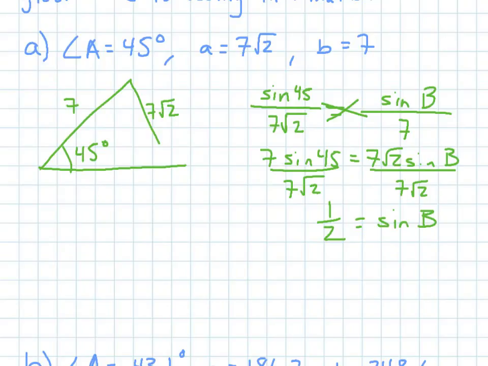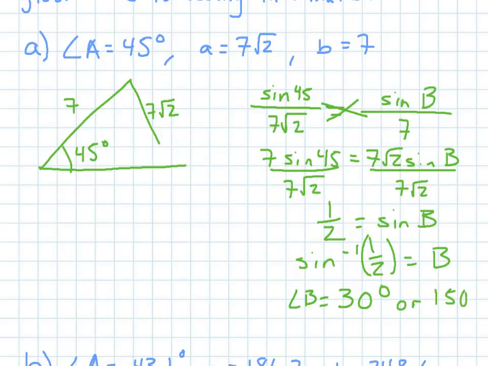The next part is looking at your unit circle. If you have that handy, I would take a peek at it. For sine of B, if you were looking for the inverse sine of 1/2, the possible angles for B would be 30 degrees or 150 degrees.